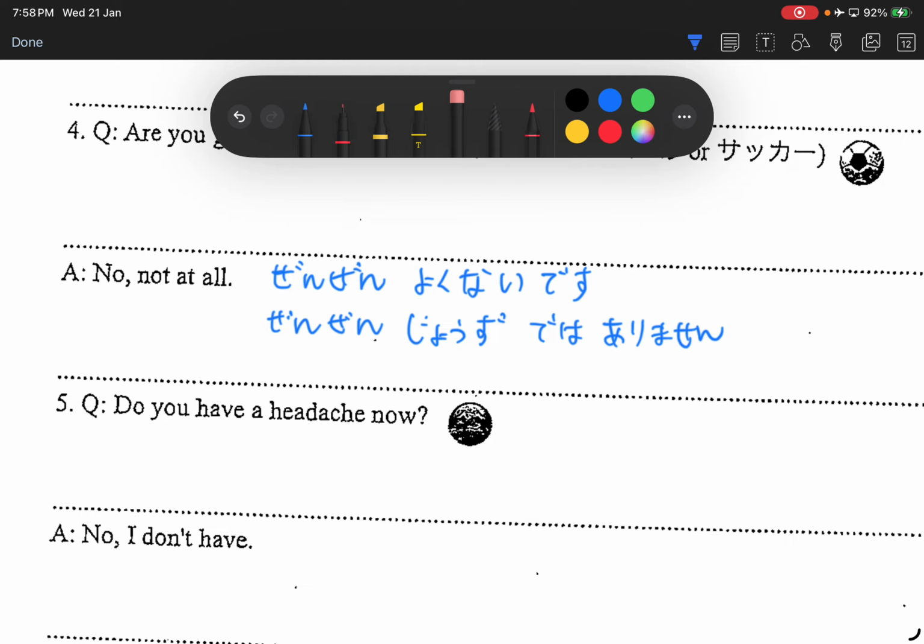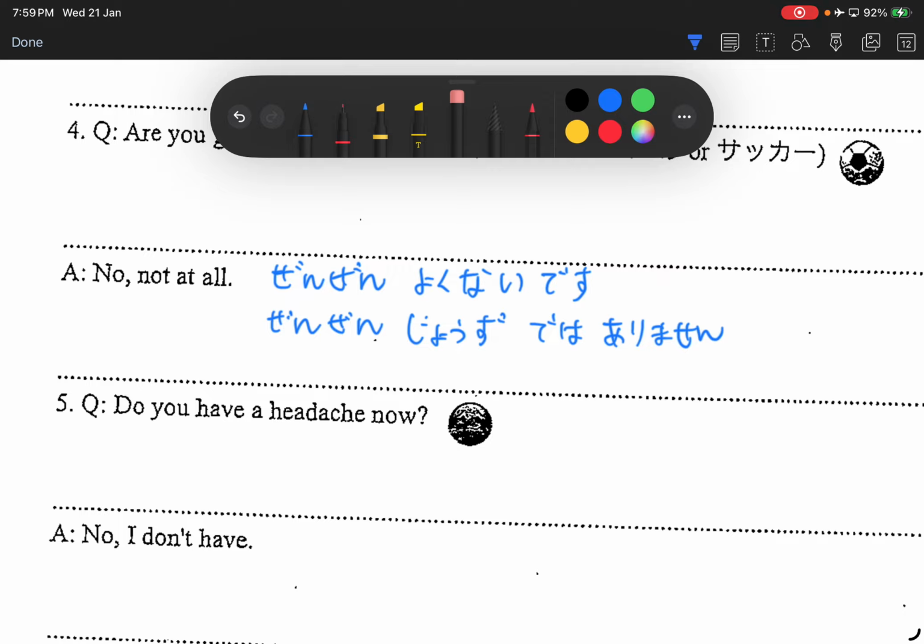So zen means not at all. So you can choose to say zen yoku nai desu. That means no, not good at all. Or you can be like not good at it at all. Right? So jozu simply refers to the skill level of that particular activity. Good, yoi is just simply means good in general.